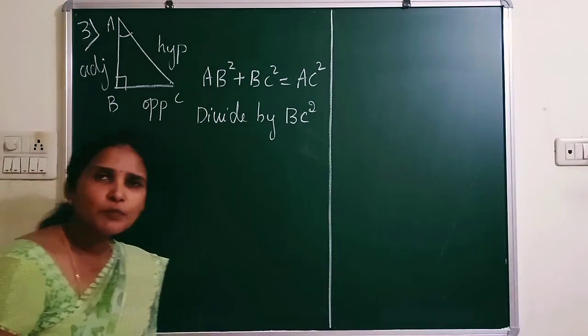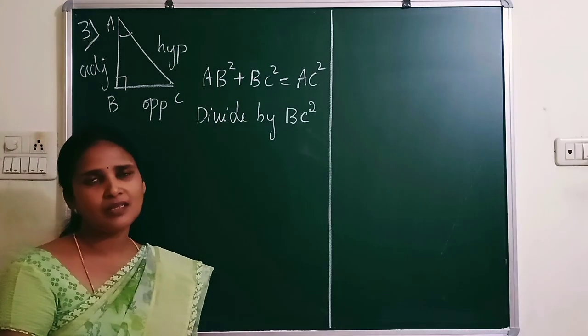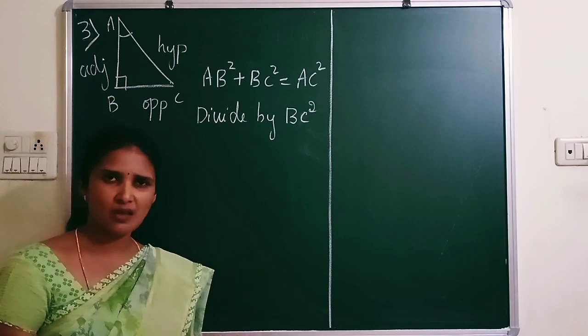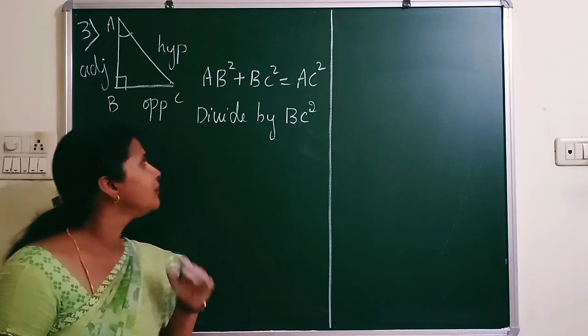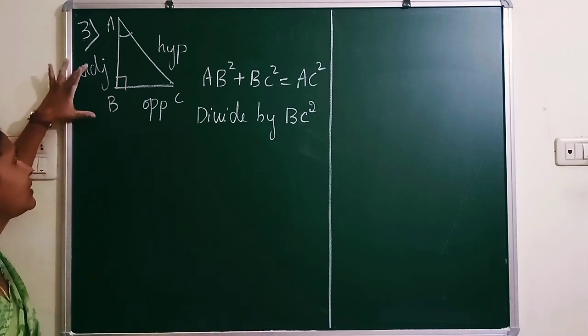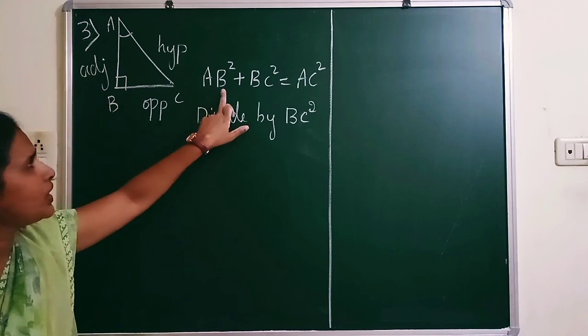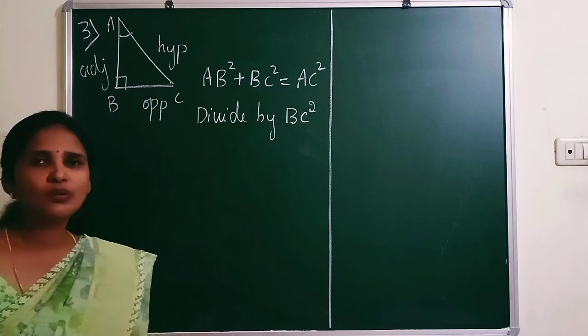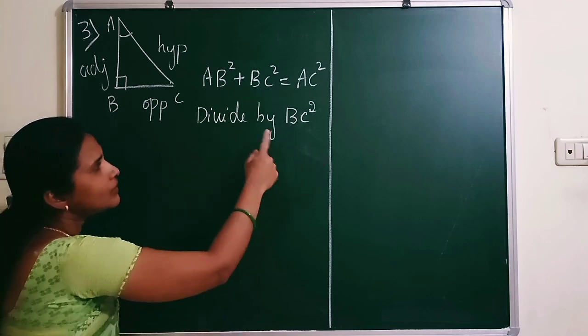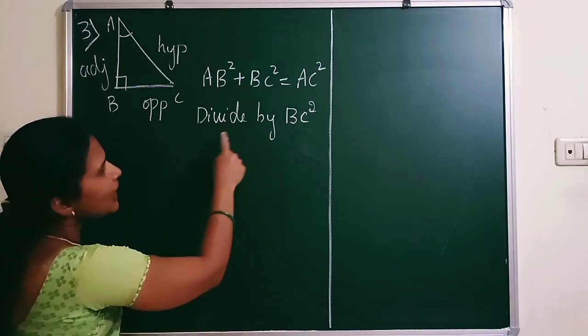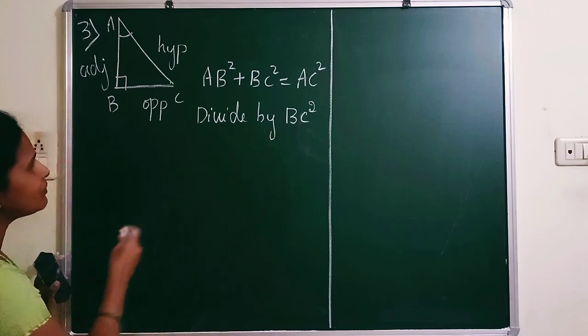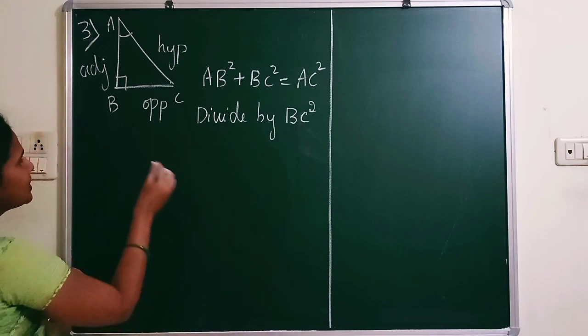Now let me explain the proof of the third identity, that is 1 plus cot square A equals cosec square A. Again the same triangle, triangle ABC, right angle at B. Write the Pythagoras formula: AB square plus BC square equals AC square. For the third one we have to divide by BC square. So let us divide all the terms by BC square.